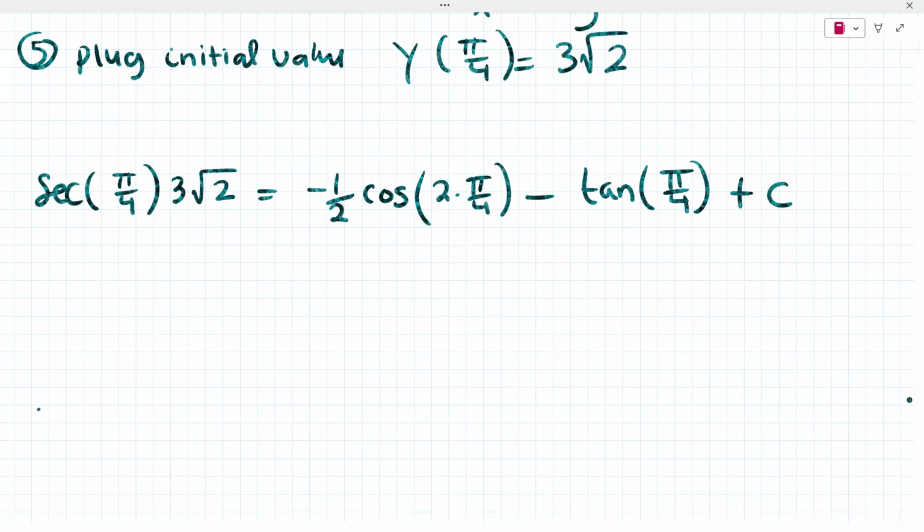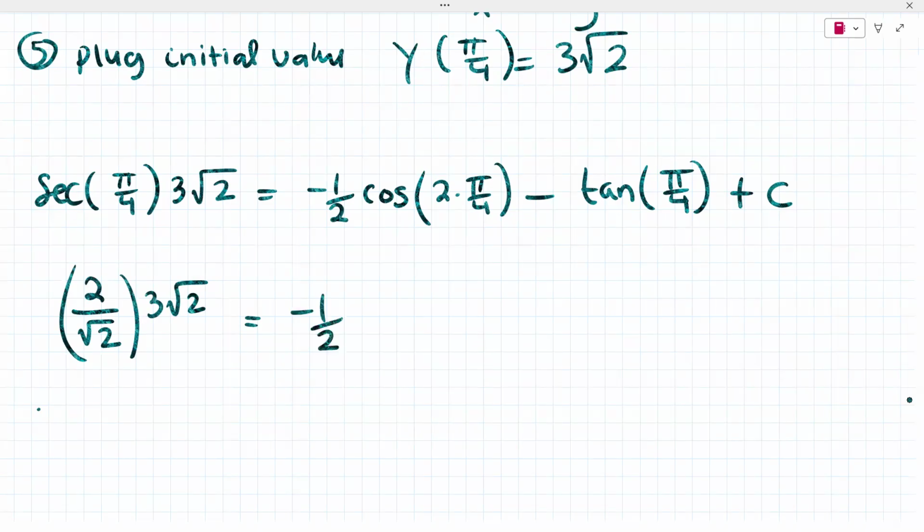Okay, so secant of pi over 4 is 2 radical 2, times 3 radical 2, equals negative 1/2 cosine of 2 pi over 4. 2 times pi over 4 is just pi over 2, minus tan of pi over 4 is just 1, plus c.